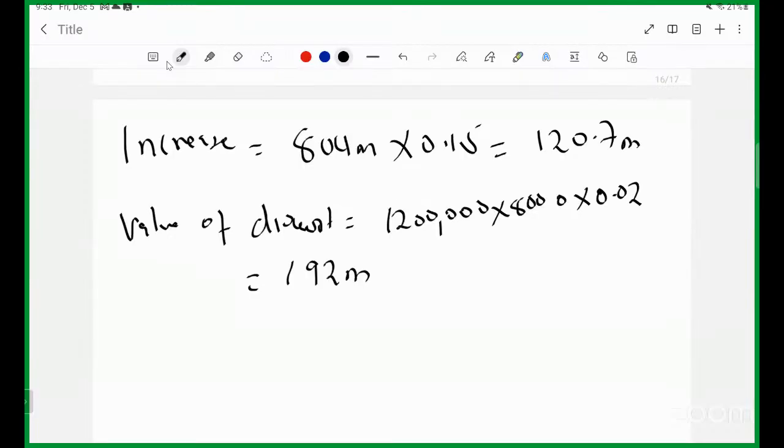When you get to the 1.2 million times the price times the discount of 0.02, I'm getting 9.4. 1.2 times 8,000, times now the new price is 7,840. I'm getting 192. I thought that this discount is going to reduce our price, not so?